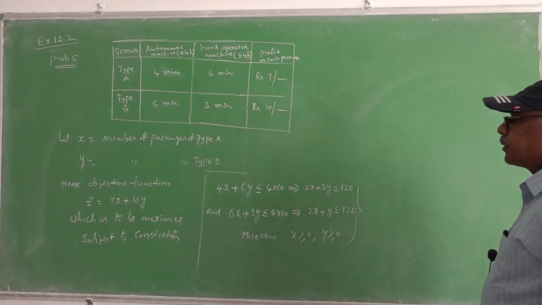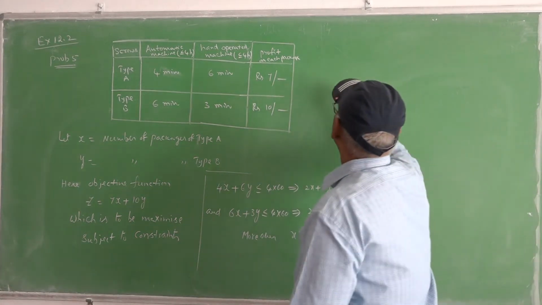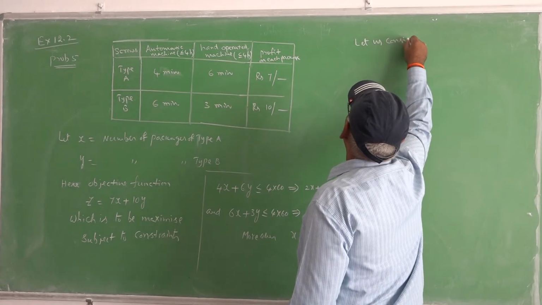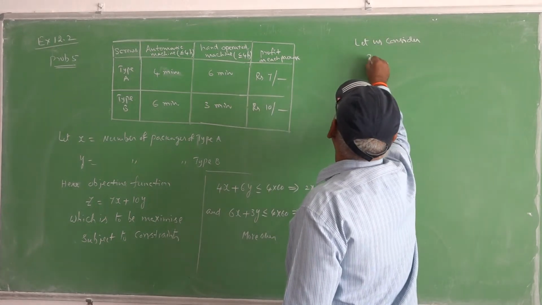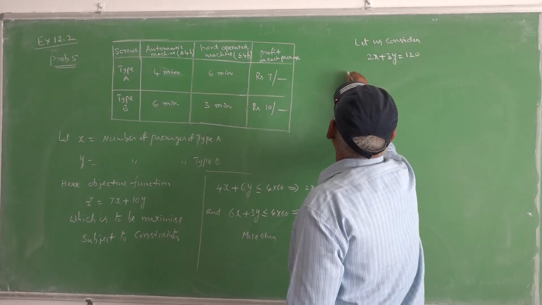Okay. To maximize the function, let us consider the lines related to these constraints. Let us consider 2x plus 3y equal to 120.